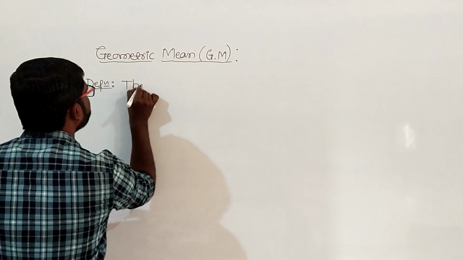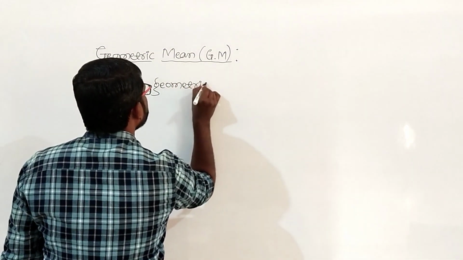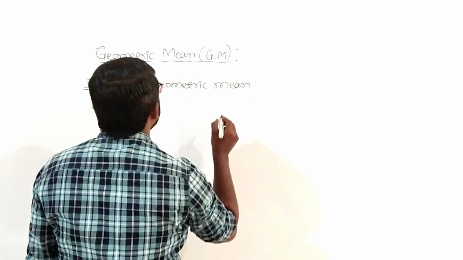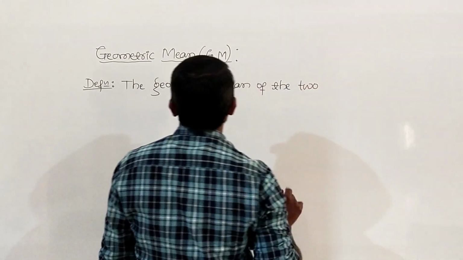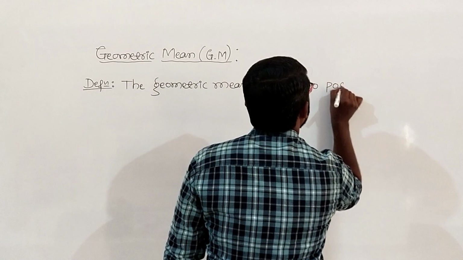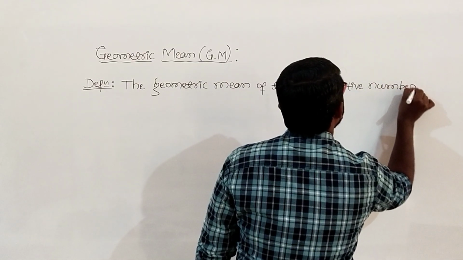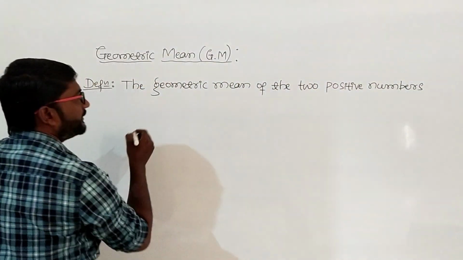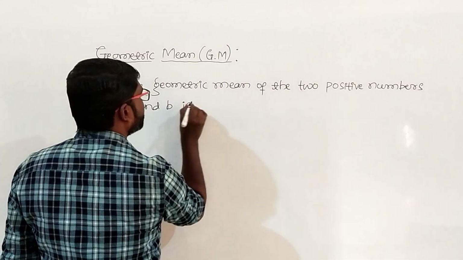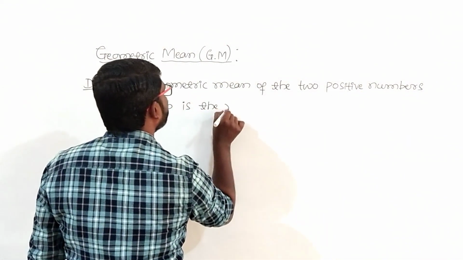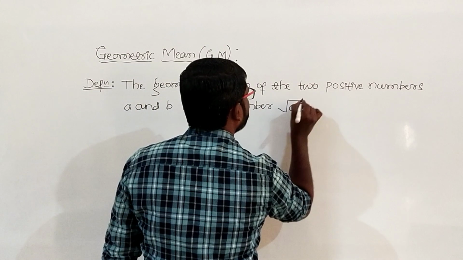The geometric mean of the two positive numbers a and b is the number square root of ab.